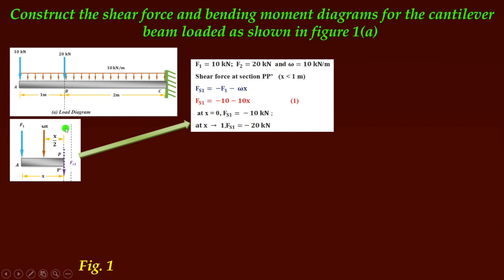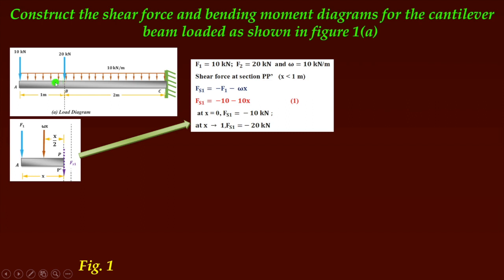And similarly, that is true for the omega x load. So finally, this is equation 1. Substitute with the value of F1 and omega, we are getting this.